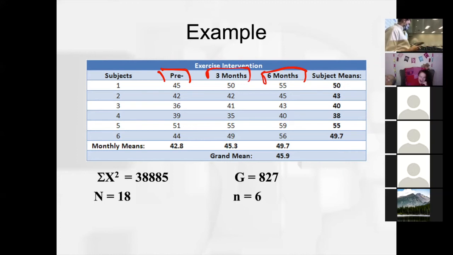I've got 6 subjects. So just go ahead and ignore the means for the time being. Let's just look at these data.